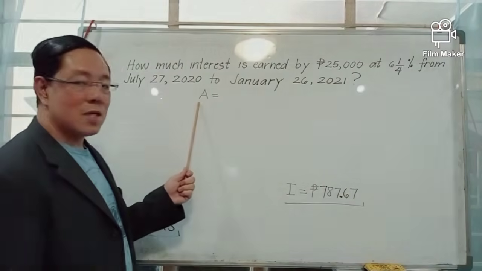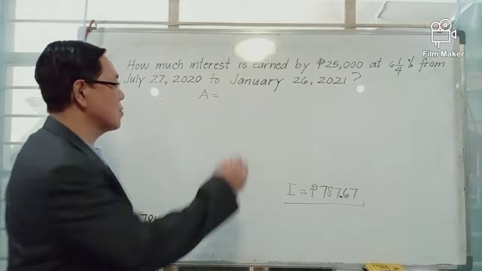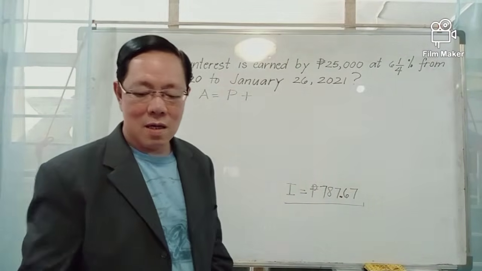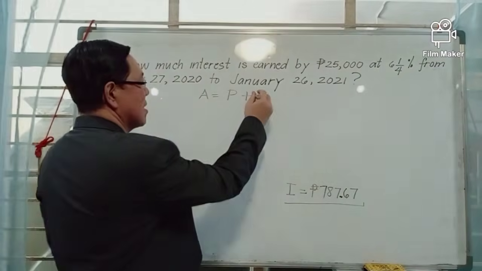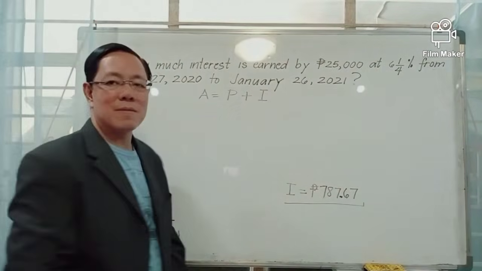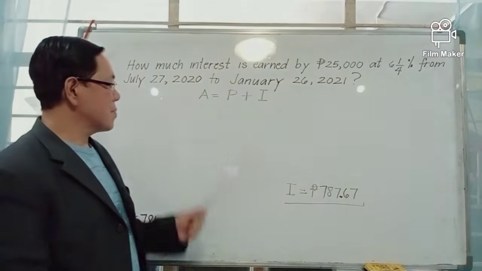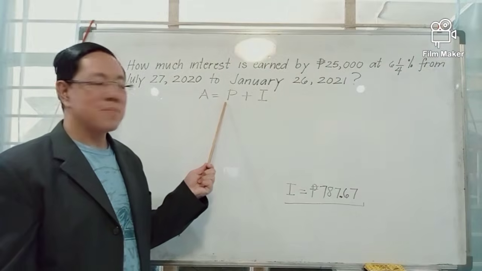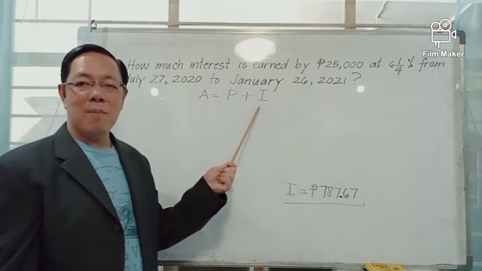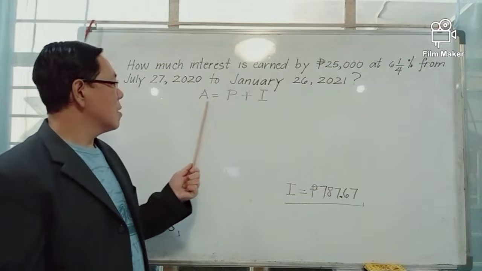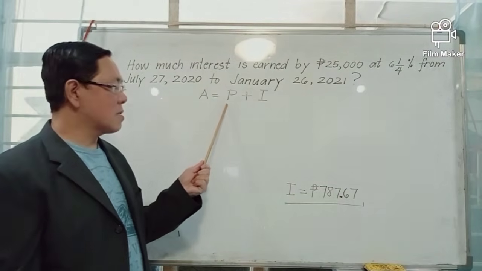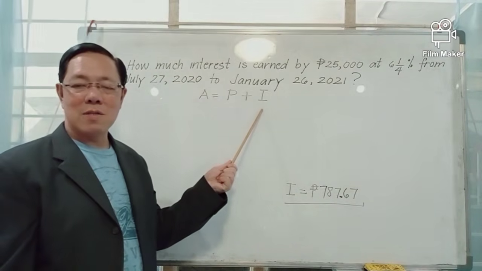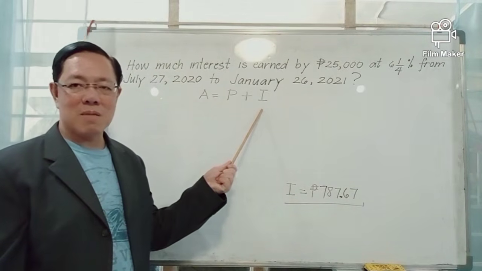Hence, the total amount A is equal to the sum of the principal plus the interest, capital I. Again, total amount is equal to the principal plus the amount of interest, or accumulated value equals the original amount invested plus the interest earned on a profitable investment.